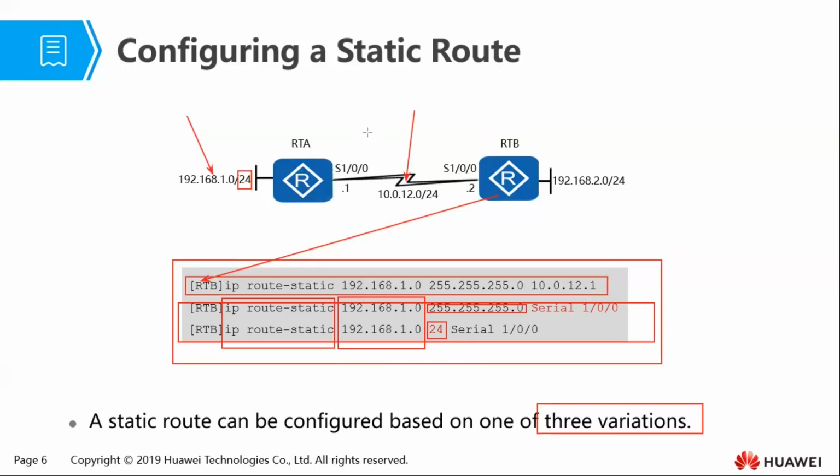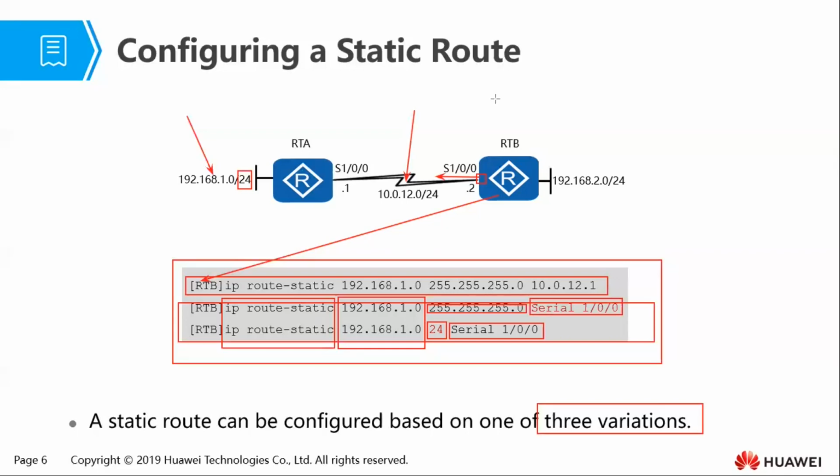And lastly, when you're using point-to-point, you specify the name and number of the outgoing interface. In this case, in order to reach this network, we need to send the packet out towards this interface, which is serial 1/0/0, this one here. I hope that is clear.